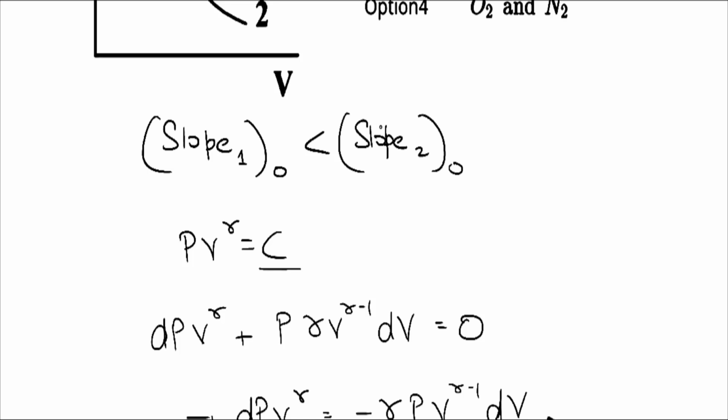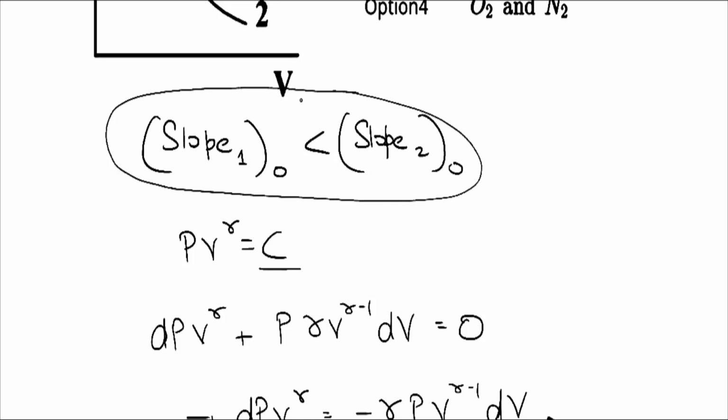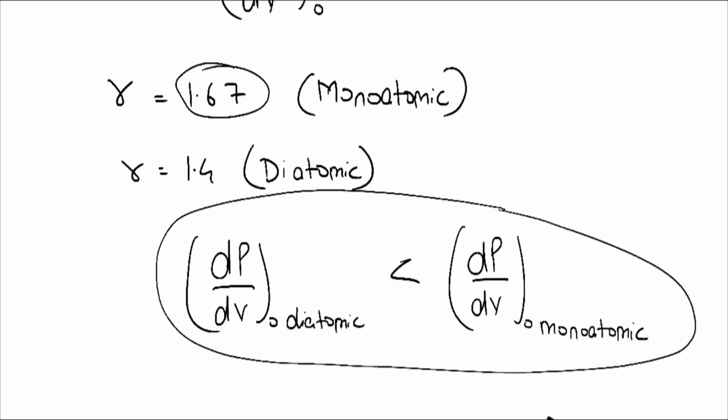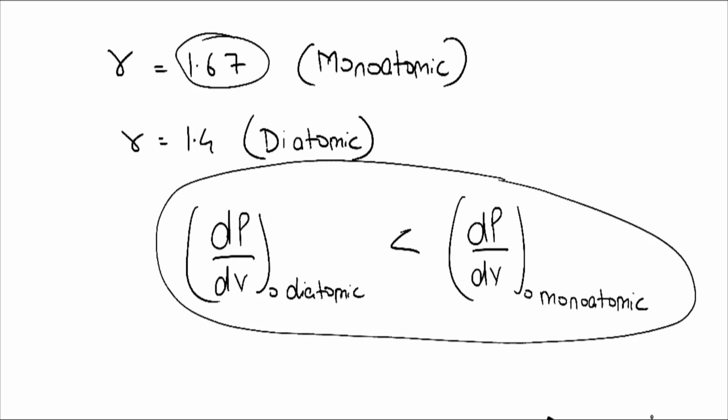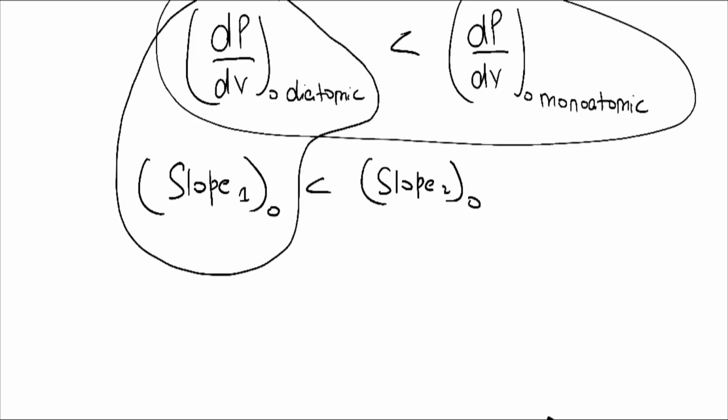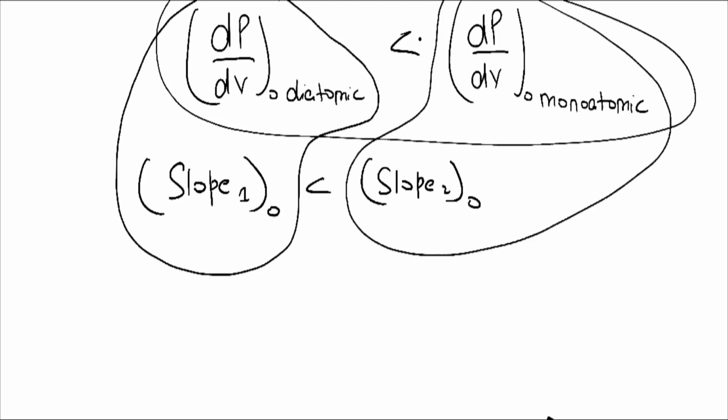This means here, since we have shown that the slope of process 1 at O is less than the slope of process 2 at O, we can say that process 1 is for diatomic gas, whereas process 2 is for monoatomic gas.